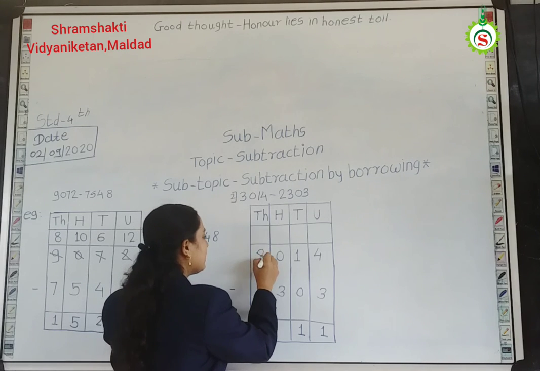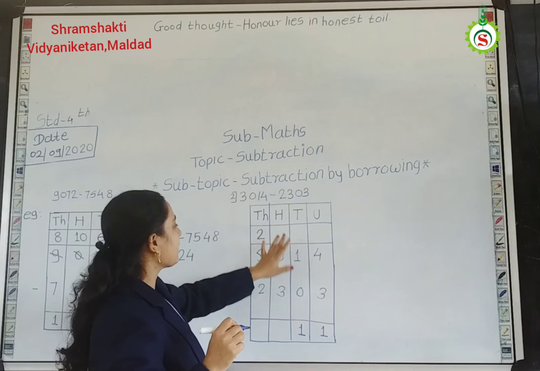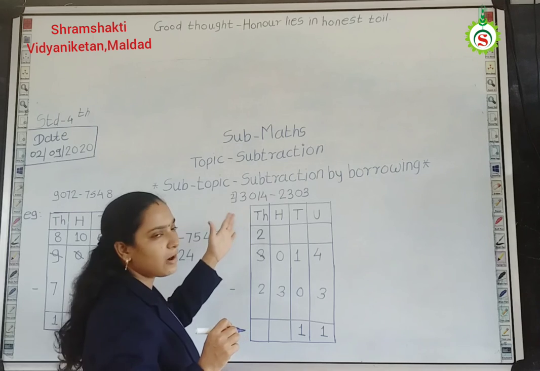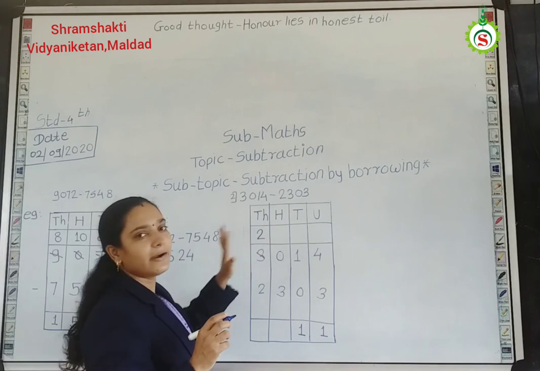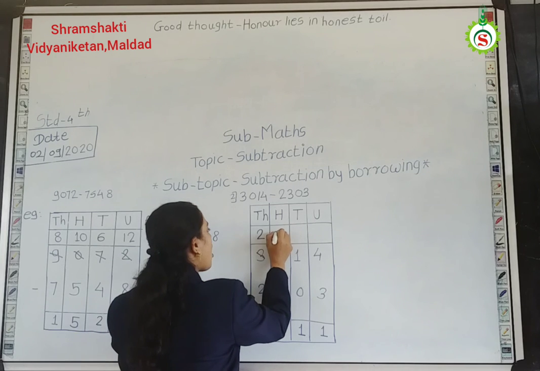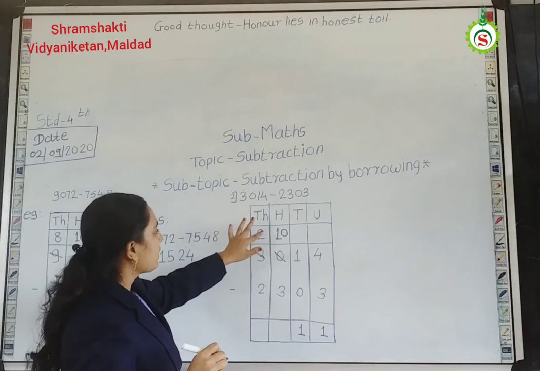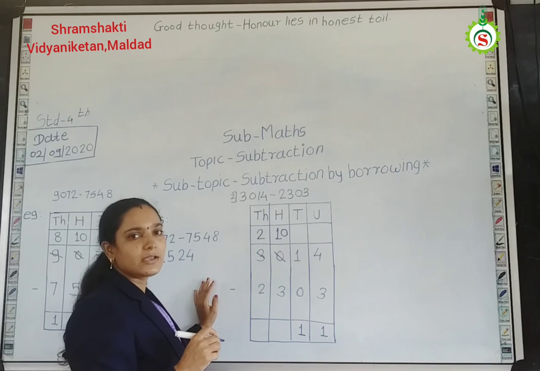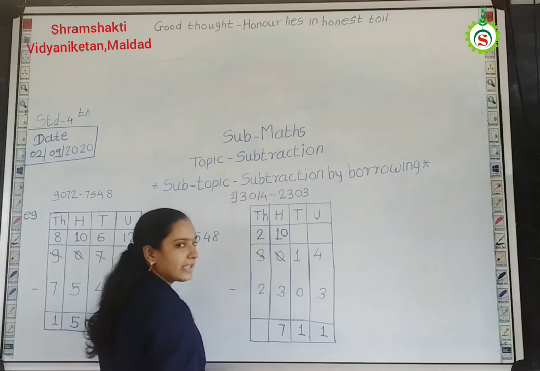Therefore here 2 remain. And here at the hundreds place only 0. But we have taken here 1000. 1000 means how much? 10 hundreds. Therefore here we got 10 hundreds. So 10 hundreds minus 3 hundreds. How much? 7 hundreds. Therefore write down 7 here at the hundreds place.